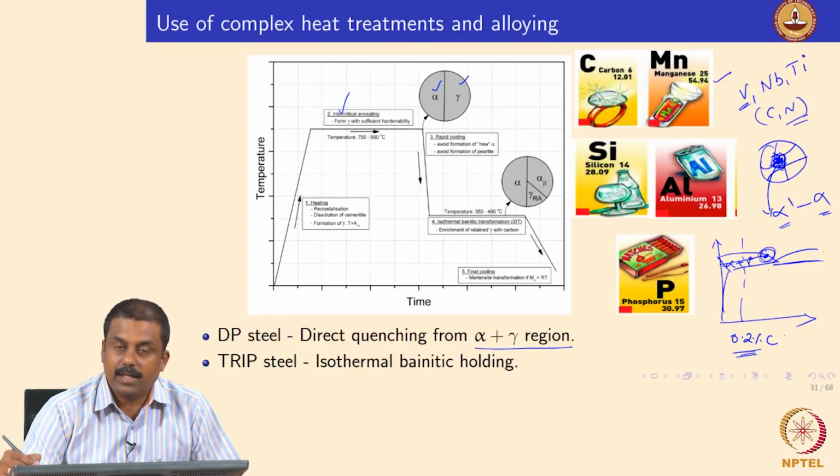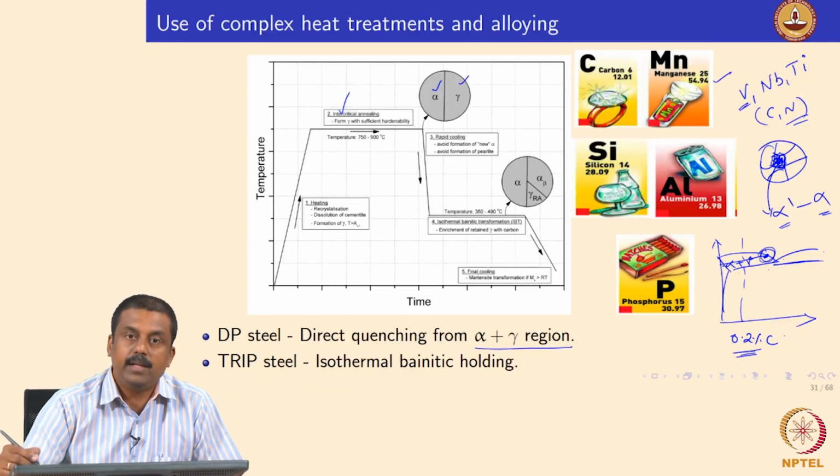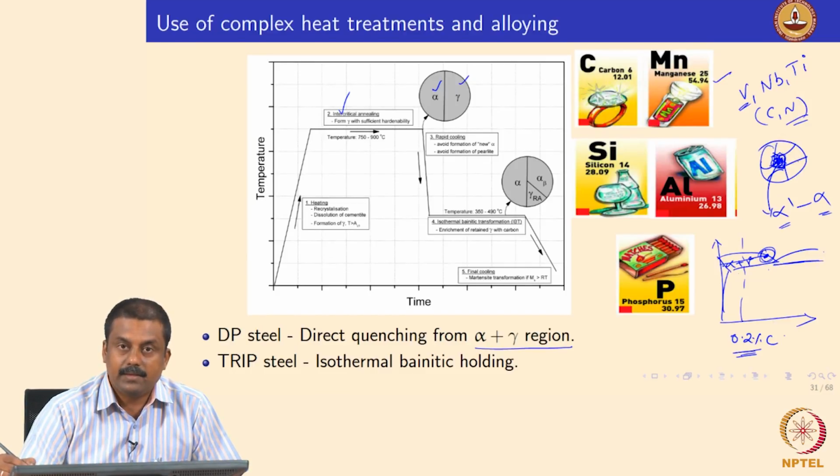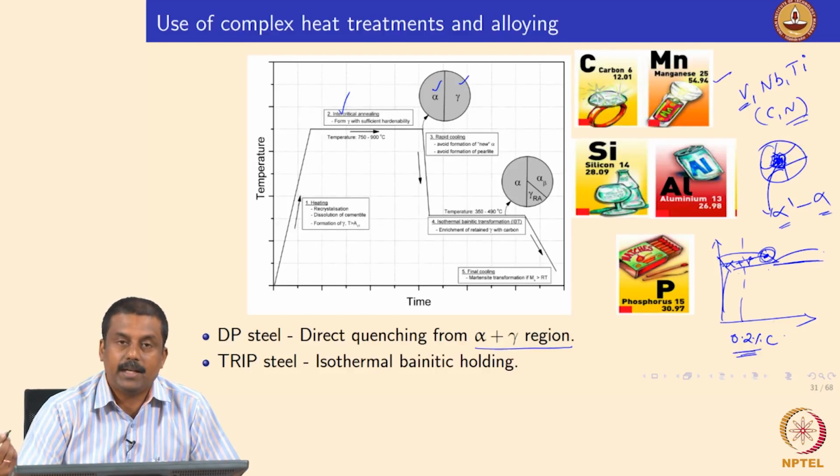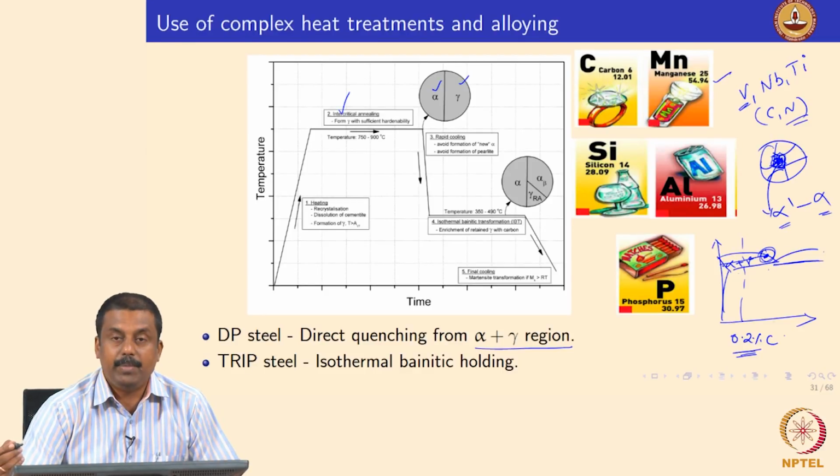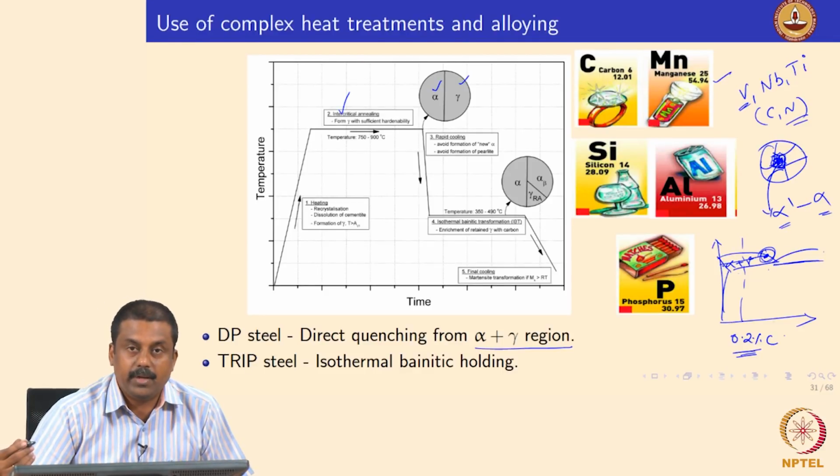Of course, ductility also decreases. But because of the presence of a large amount of mobile dislocations during subsequent heat treatment, you would still get significant ductility in these steels. That is what you are seeing in the banana diagram which I showed you earlier: the ductility of even DP 1000 can still be around 15 to 20%.